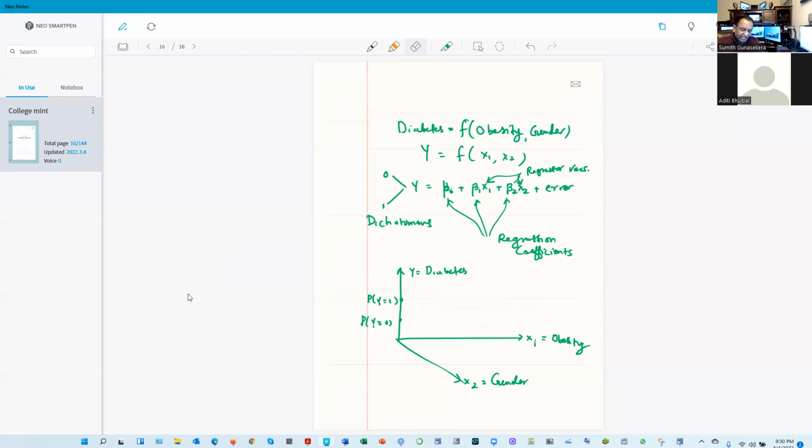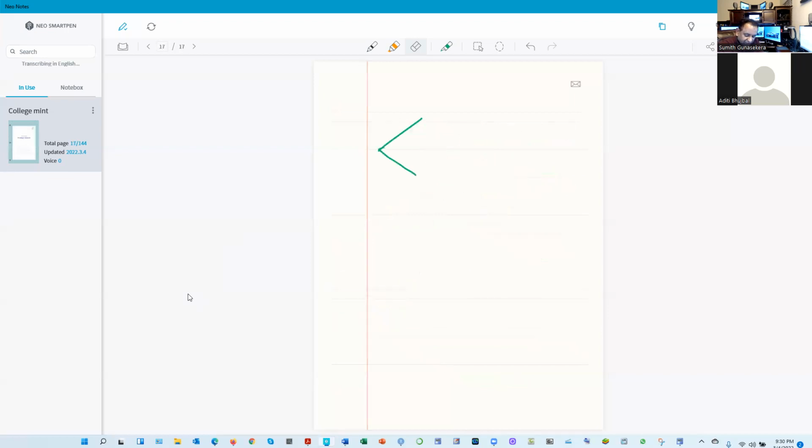Each individual we're going to call a trial. Trial means each subject or individual, and you get either 1 or 0.